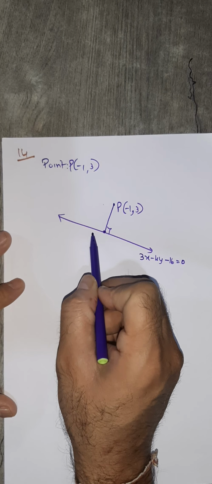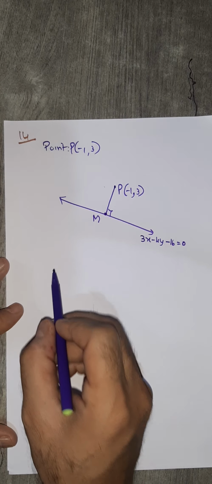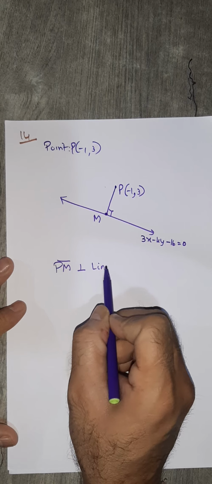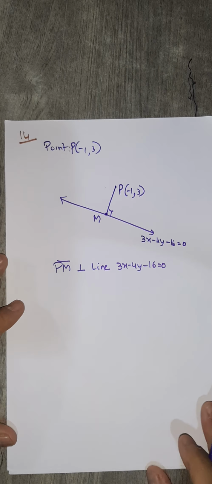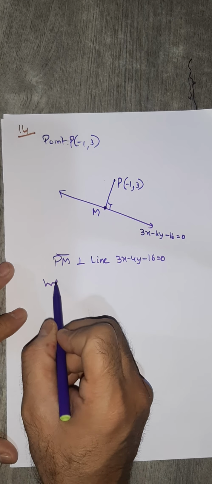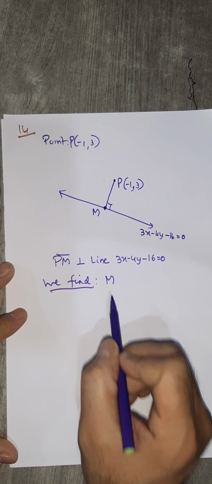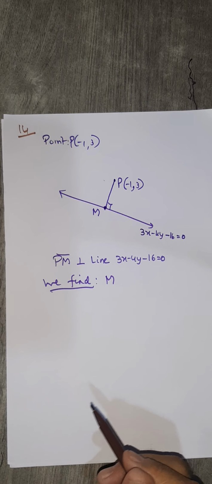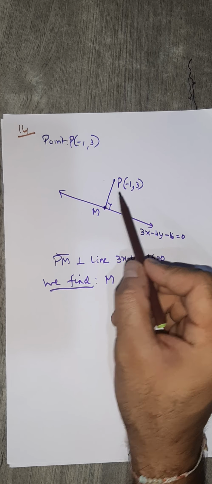If this is the perpendicular, we want the coordinates of M. PM is perpendicular to the line 3x minus 4y minus 16 equals 0. We want to find the coordinates of M, because it's the foot of the perpendicular. Find the coordinates of the foot of the perpendicular from this point to this line.